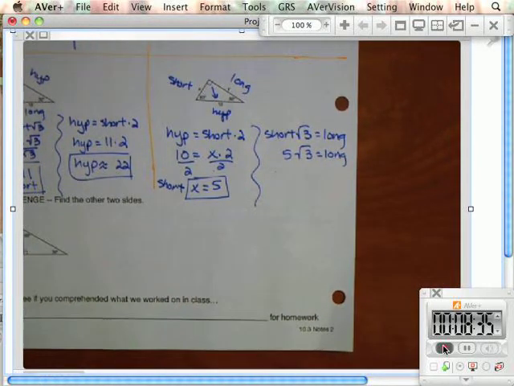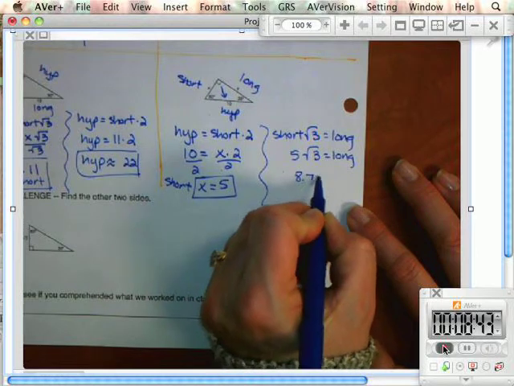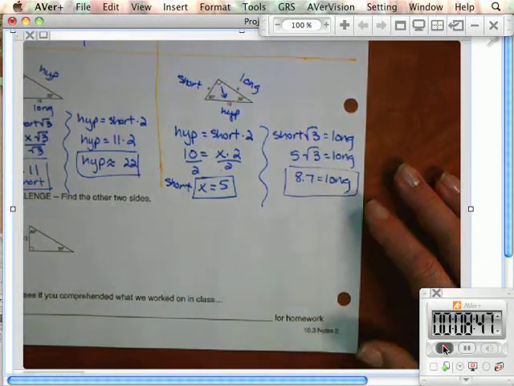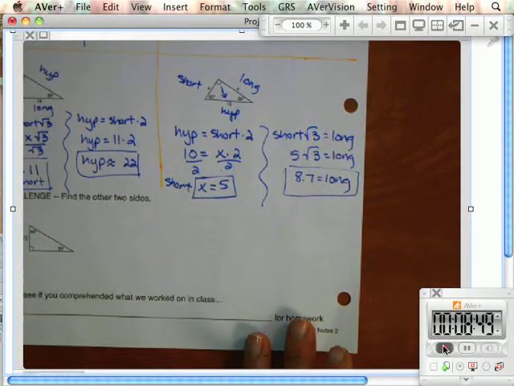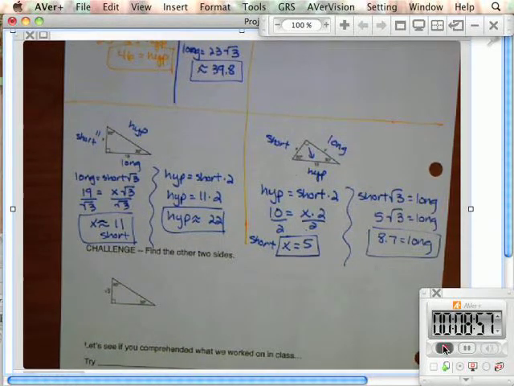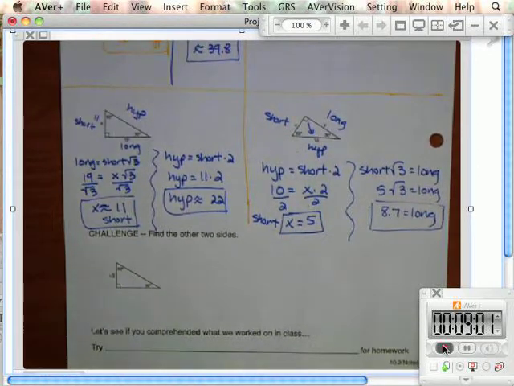Did anybody do it? 5 times the square root of 3? 8.66, so I'm going to round it to 8.7. There you go. This whole section is simply about working with those two equations for 30, 60, 90 right triangles. Got it? Okay. You have a calendar, and it's got your bookwork.